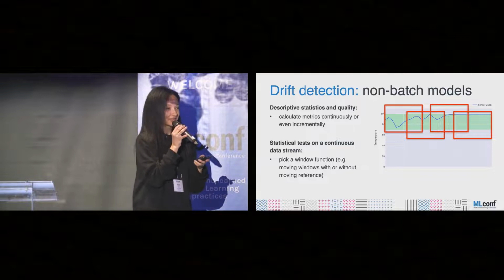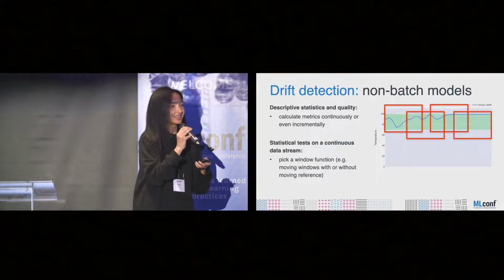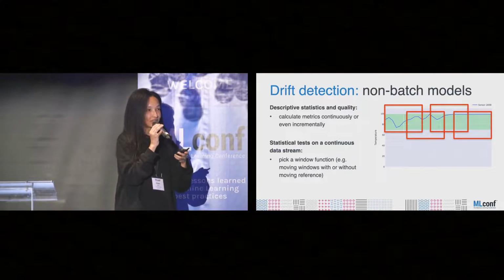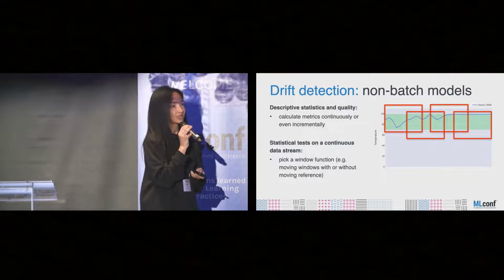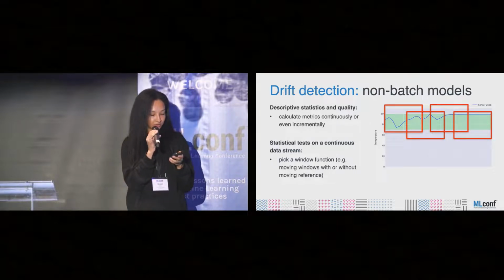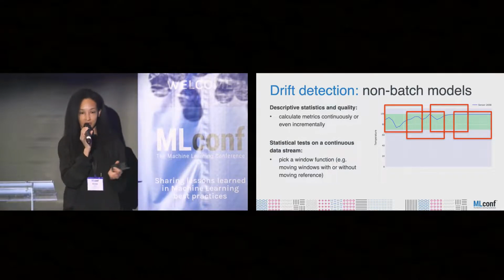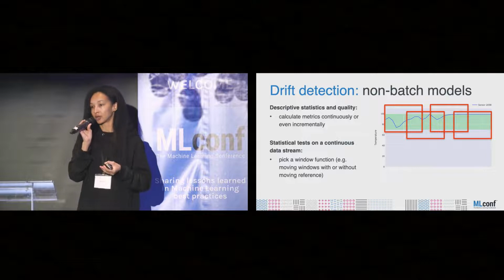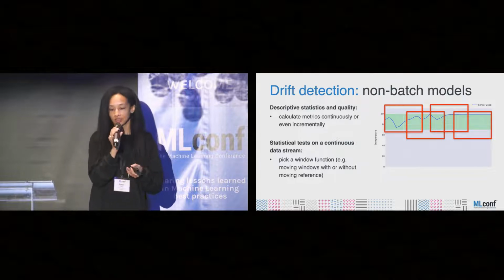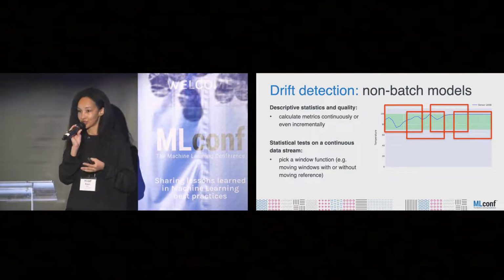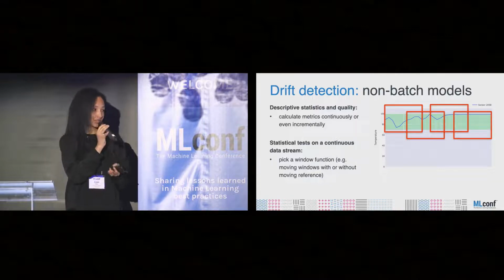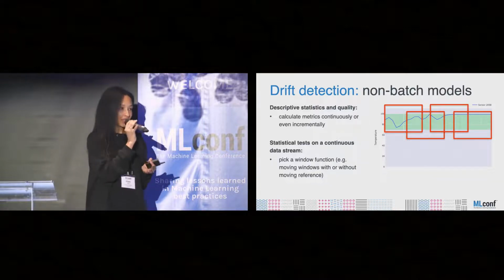Yeah, works perfect. So I wanted to mention two more things, one related to non-batch models and another related to bigger data sets. But let's just discuss it right there. Often when people start trying to use statistical tests to detect drift on larger data sets, they face the problem that they almost always have a drift, right?